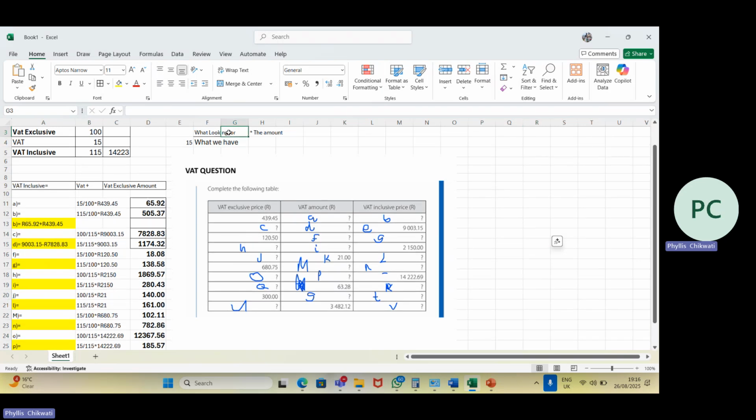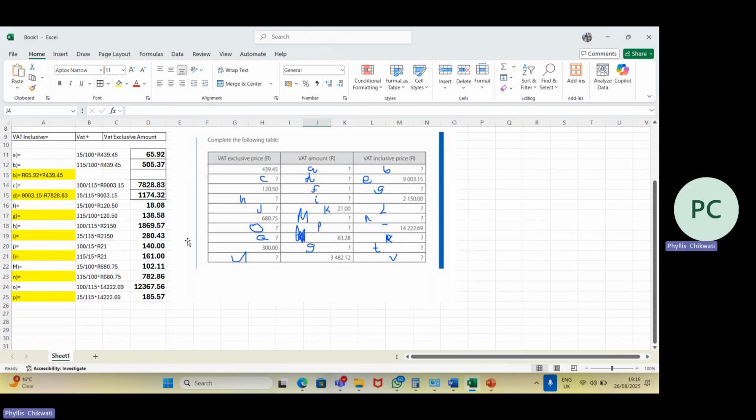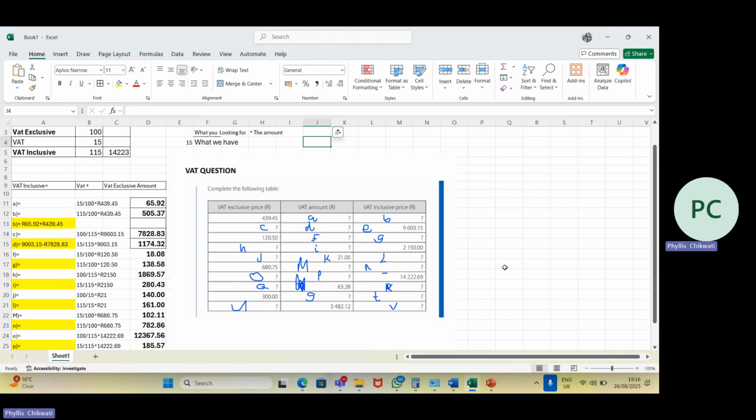What you're looking for, divided by what you have, and you times by the amount given. So in short, this is it for our VAT exercise.